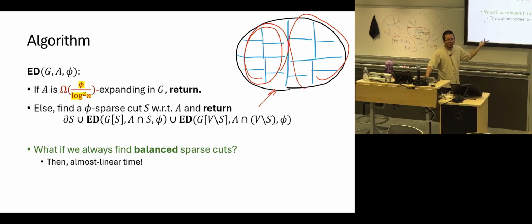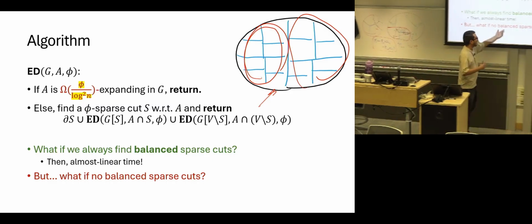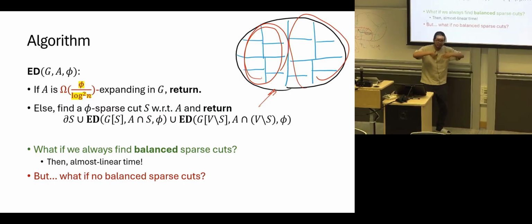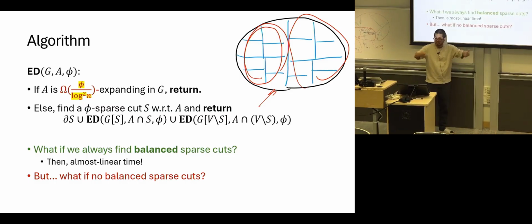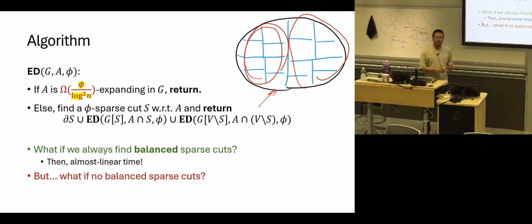But that's still a problem, because what if there is no balanced sparse cut? That can happen. It can be the case that when you look at balanced cuts, they are not sparse anymore. They are expanding, with a lot of edges crossing. So what to do here?